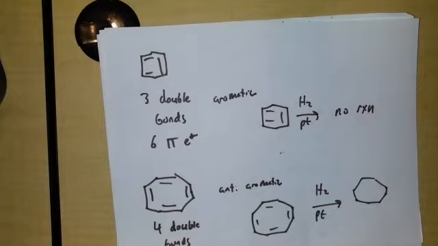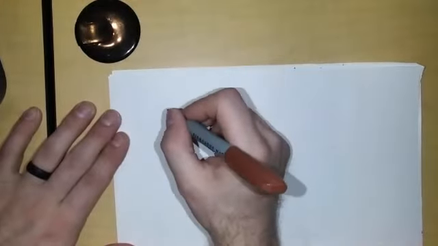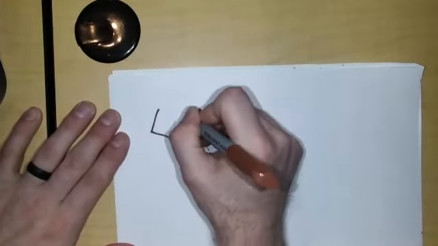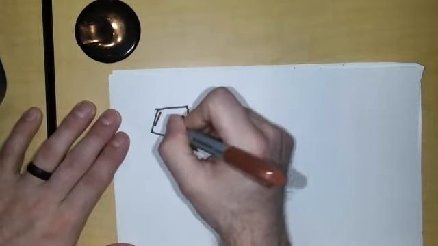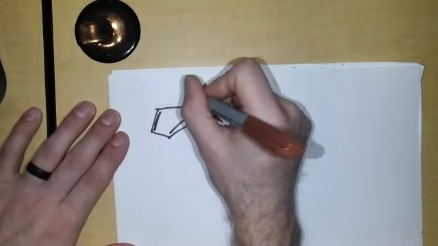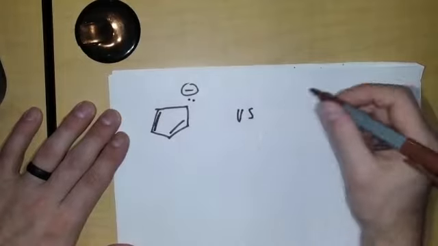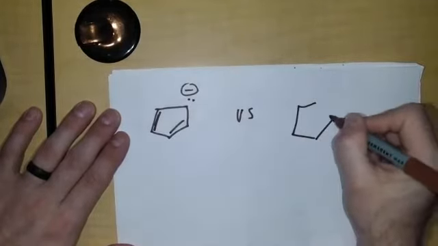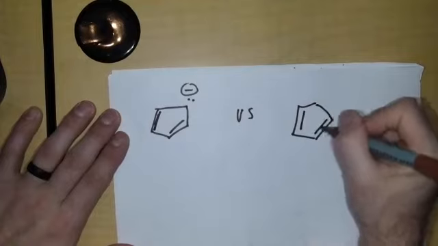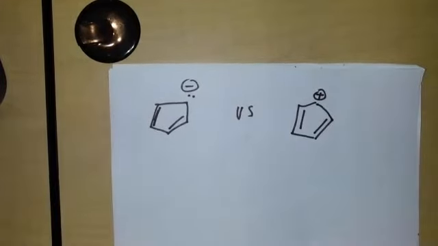So let's take a look at some other examples. So lone pairs versus positive charge.